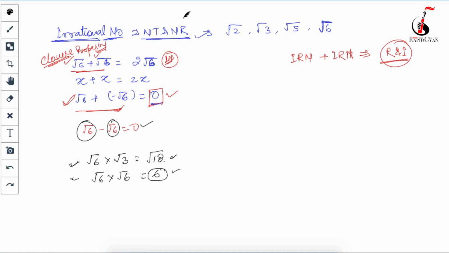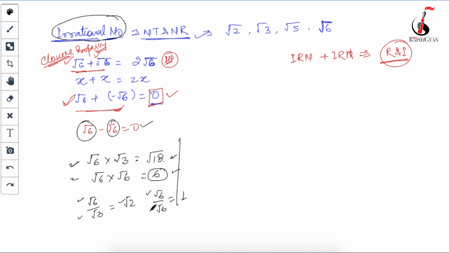Here we are discussing irrational numbers, so multiplication of two irrational numbers is not supporting the closure property. The same goes for division. Now let's talk about division. Suppose under root 6 divided by under root 3, what will I get, beta? I will get under root 2. So this is fine, irrational divided by irrational gives an irrational. But under root 6 divided by under root 6, what will I get? I will get 1.